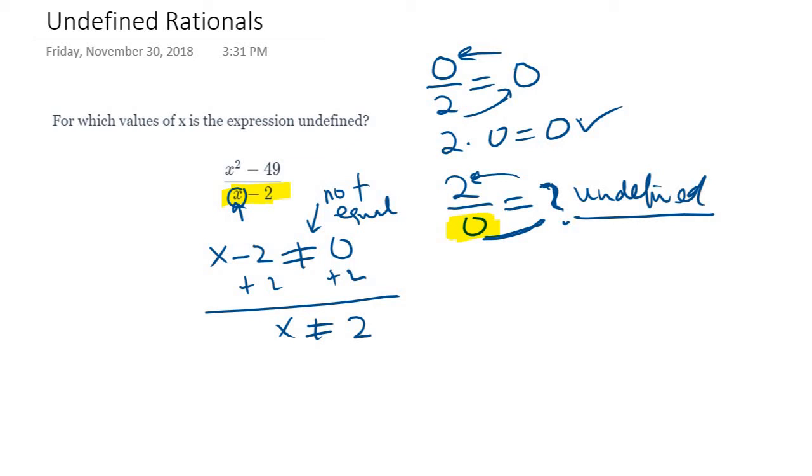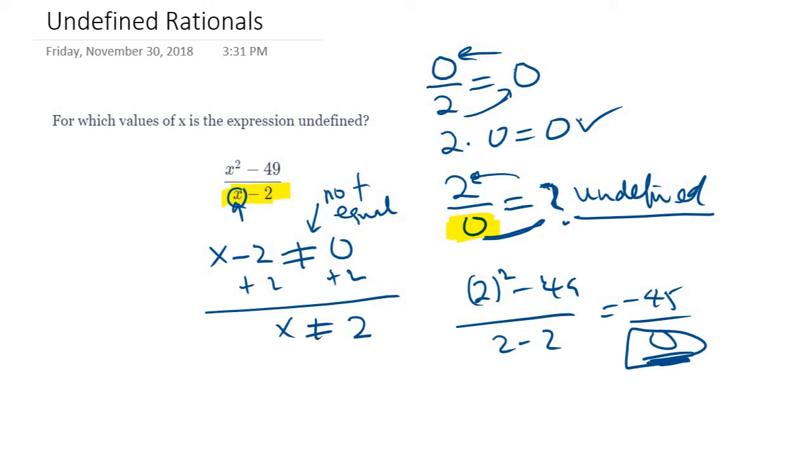Think about it. If I plug in 2, it will be 2 squared minus 49 divided by 2 minus 2. Let's worry about the numerator for right now. 4 minus 49 is negative 45 divided by 0. We will be dividing by 0, so we don't want a 0 there.